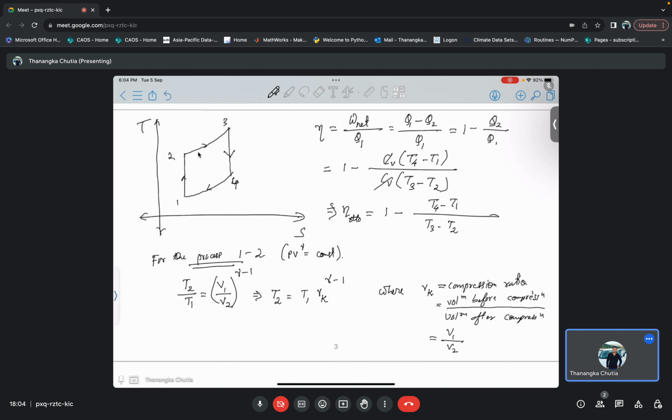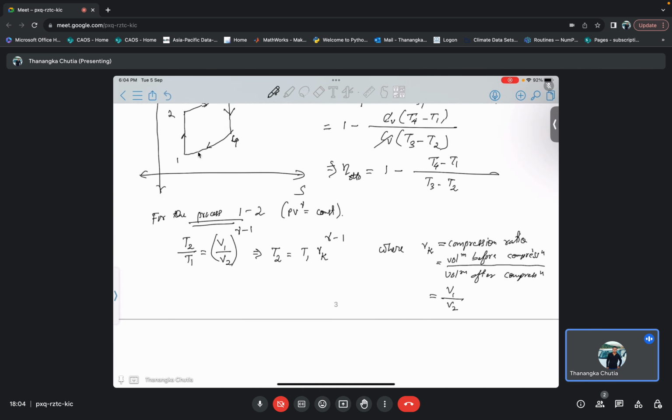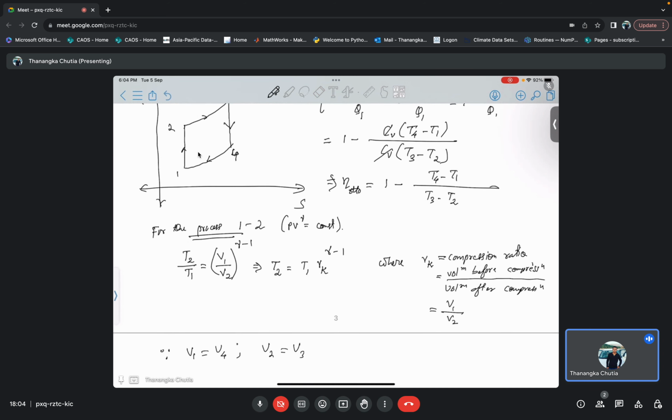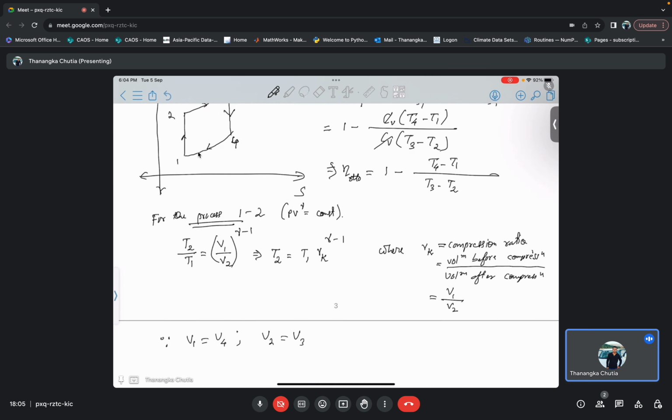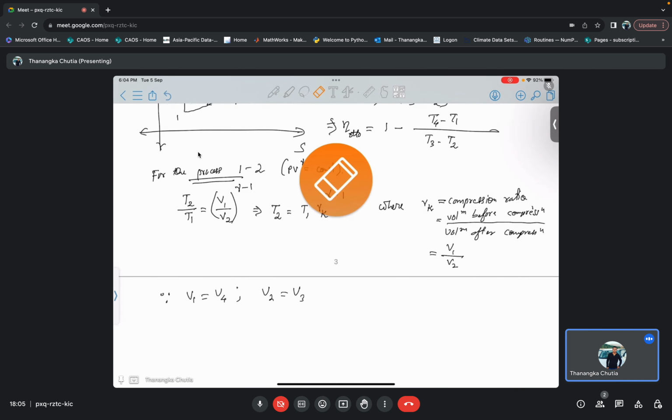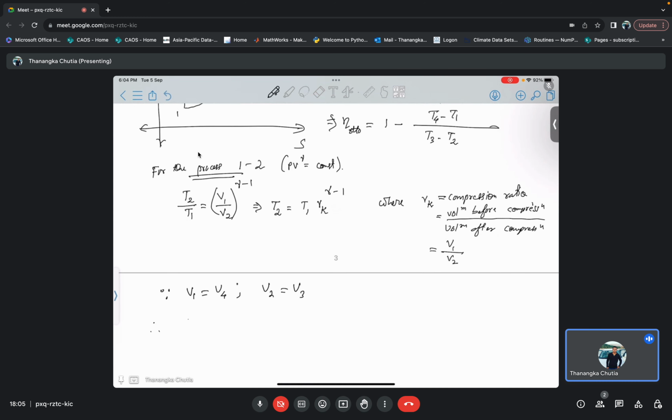Now similarly, since V1 is equal to V4 and V2 is equal to V3, because the 1 to 2 and 4 to 1 processes are constant volume processes, and 2 to 3 is also a constant volume process, therefore I can write again T3 divided by T4 is equal to V4 divided by V3 to the power gamma minus 1.